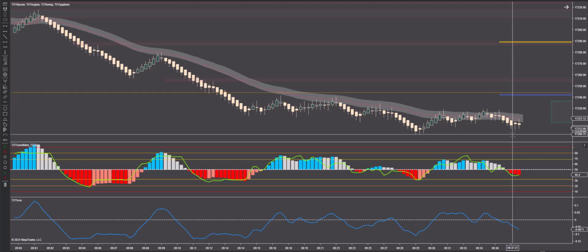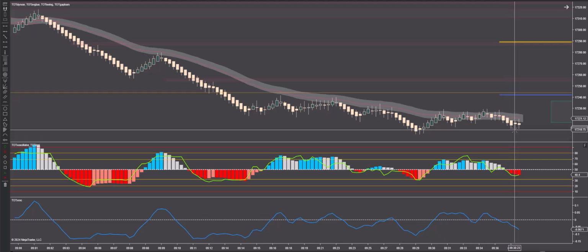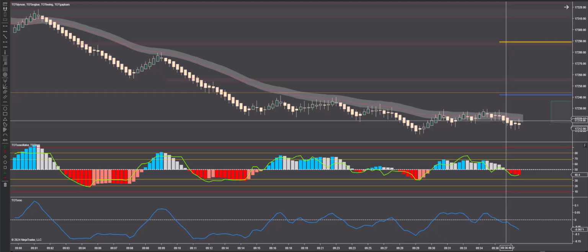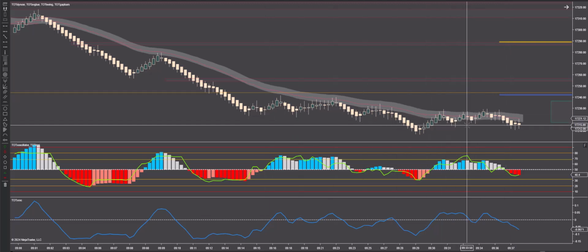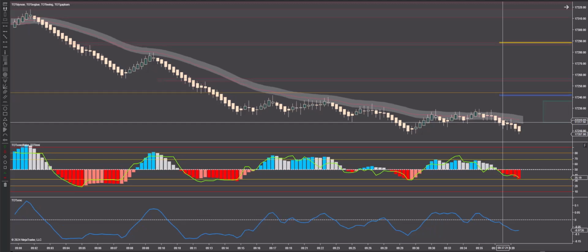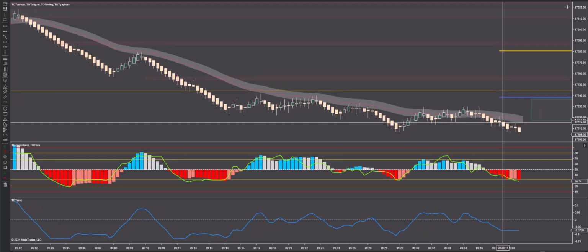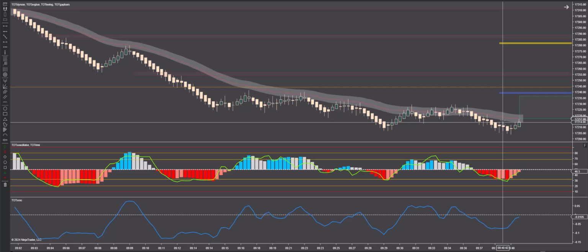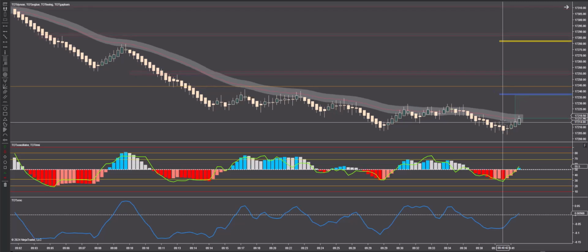And then it went one bar and then it dojied. So not sure. This is all chop here to the left. So I'm not sure you want to attempt all this. It looks like a bottom, but who knows? I don't know. That's one thing. Anybody that says they know, they're fools.